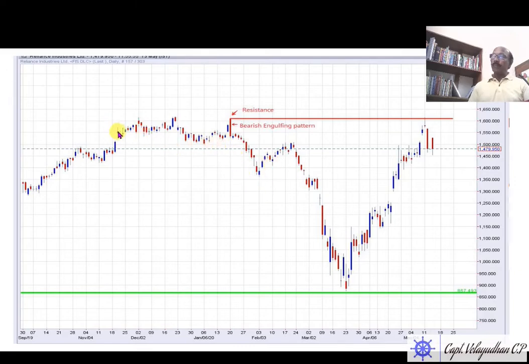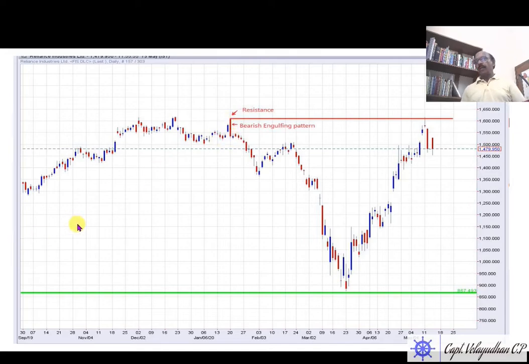The market was going sideways for some time and then the market was in an uptrend for quite some time. Then the market gapped up here with a bullish candle. In the next session the market gapped up but couldn't sustain, came down and closed below the previous day's opening. This candle was fully engulfed.